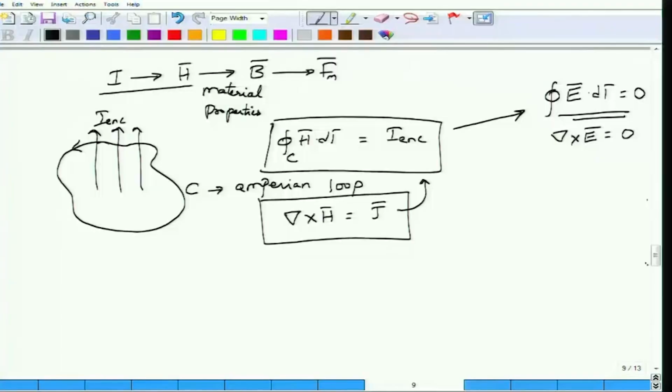So, this line integral of H dot dl must equal the total current enclosed, and this is known as Ampere's law. This law is useful when you want to calculate the magnetic field H, at least in those cases where there is some sort of a symmetry.